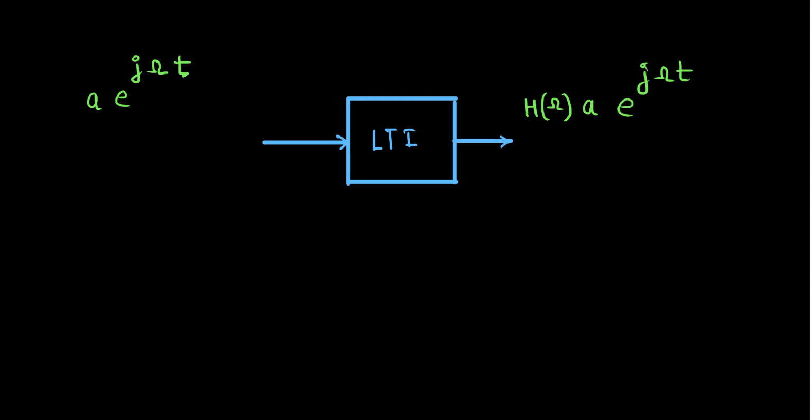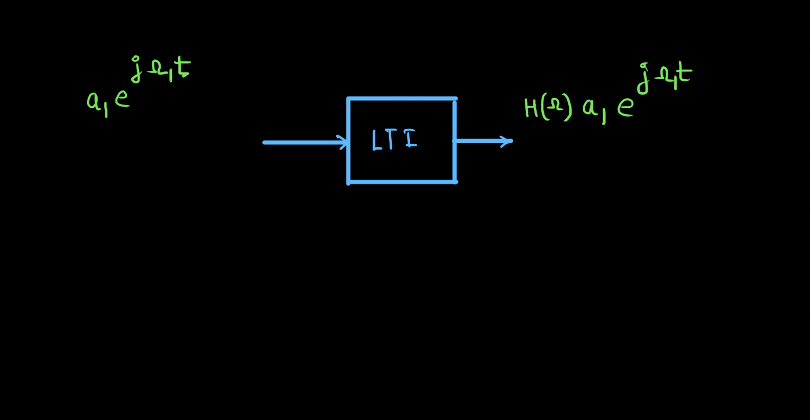Meaning, let's suppose we are giving a complex exponential with a specific frequency, let it be omega 1, and with a specific amplitude, let's say a1, at the output I should get the same omega 1 and a1 being scaled by a factor of h of omega.